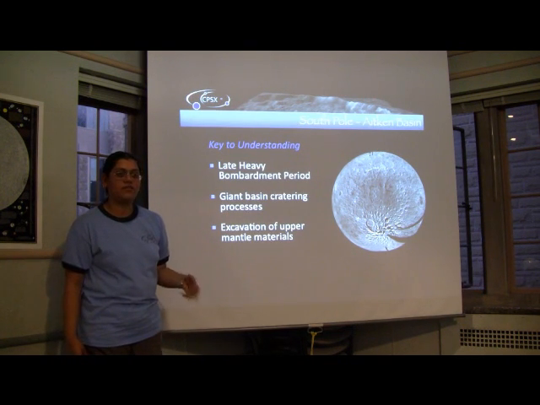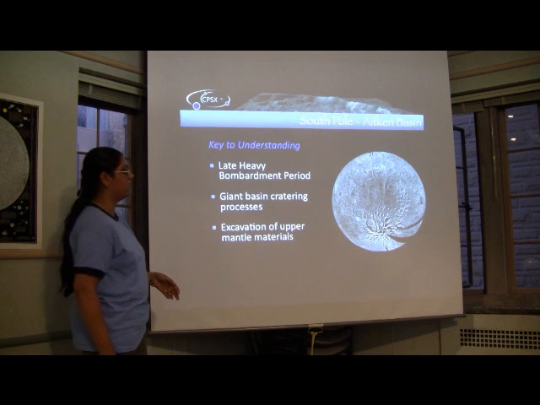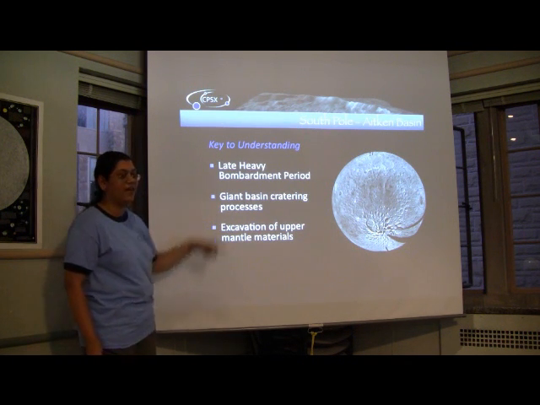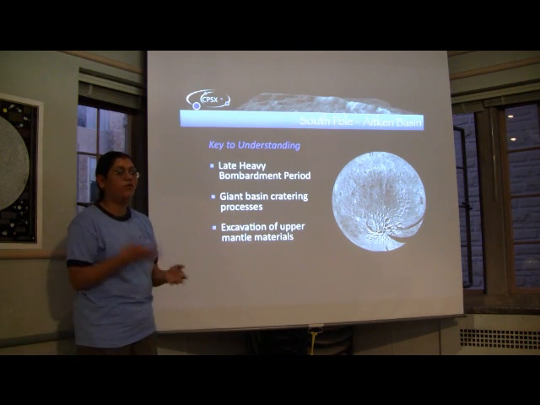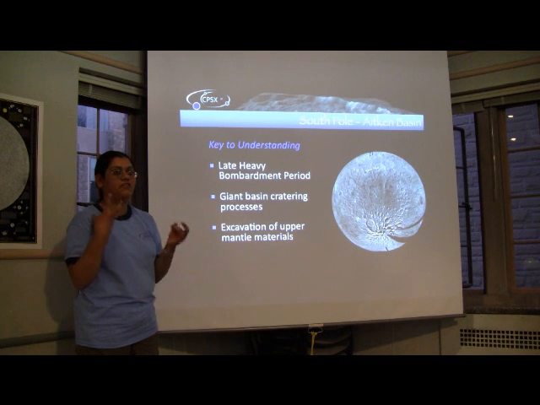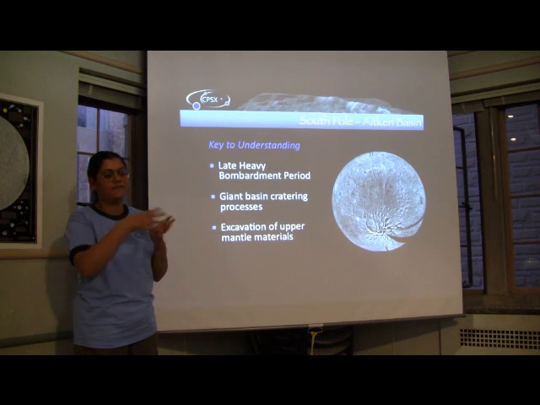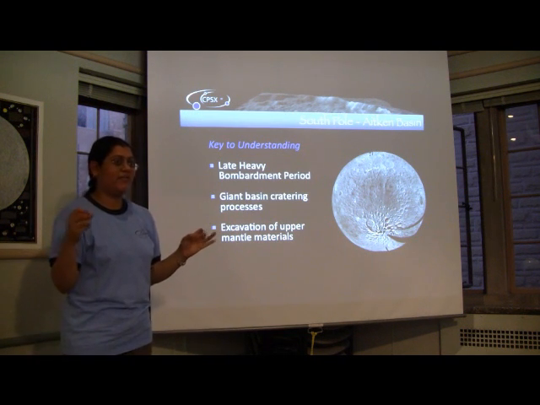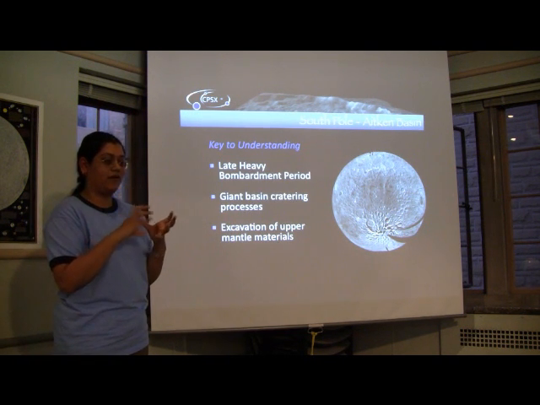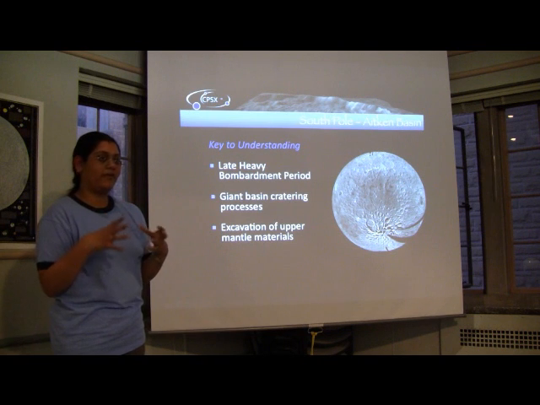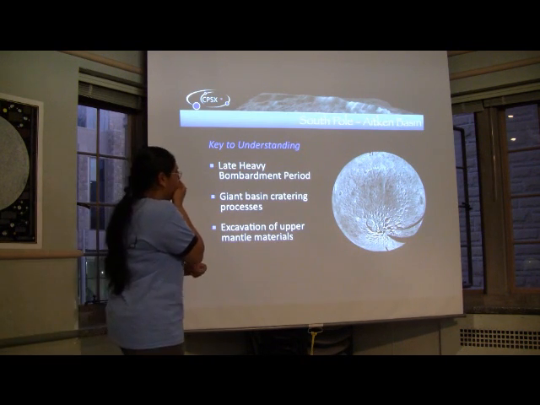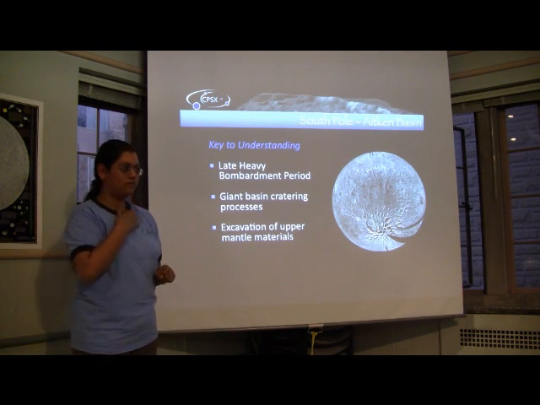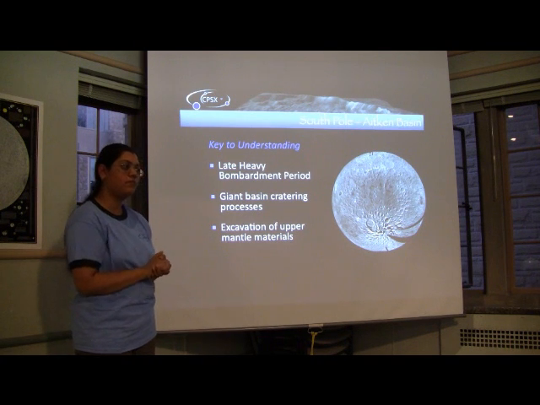We need better age dates for certain features to know if this actually happened or not. But basically, how quickly did impact craters form? Were they just happening randomly in time, or was there an actual phase where there was more bombardment happening?